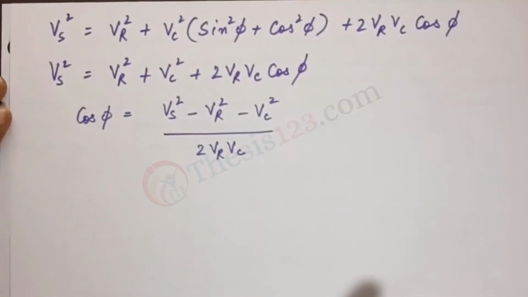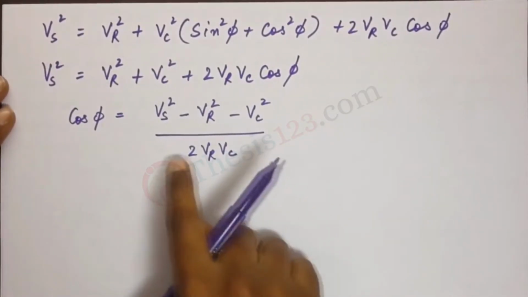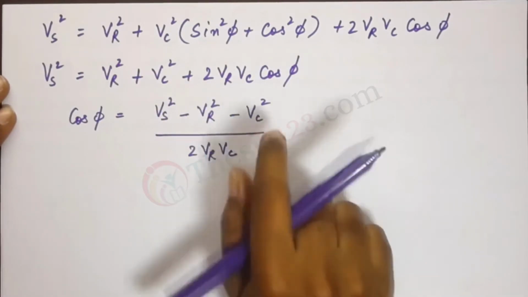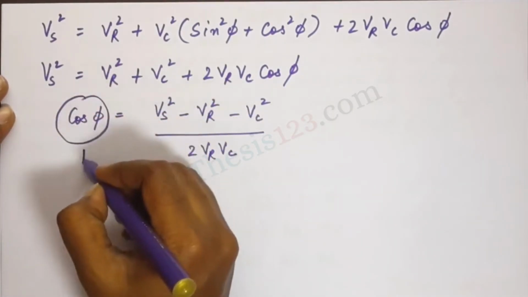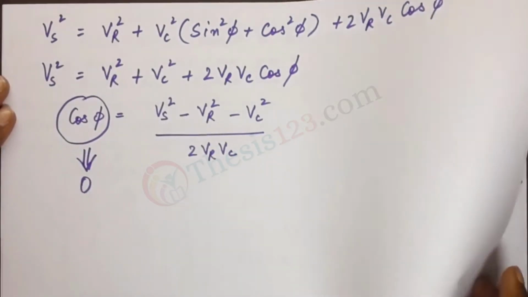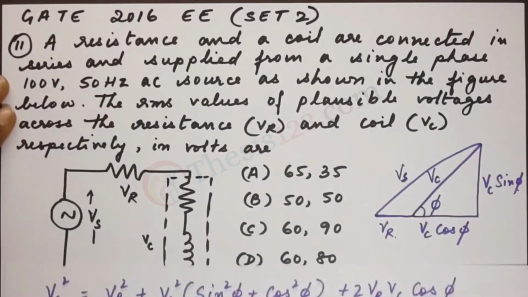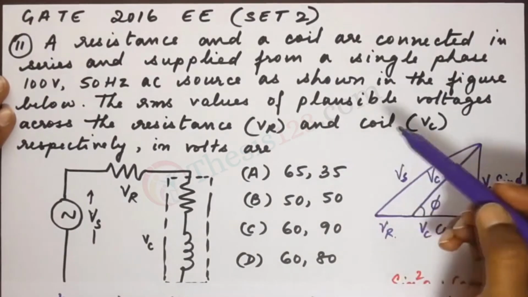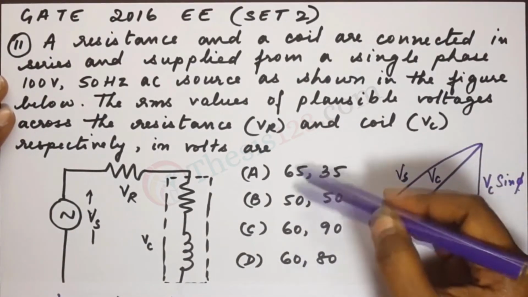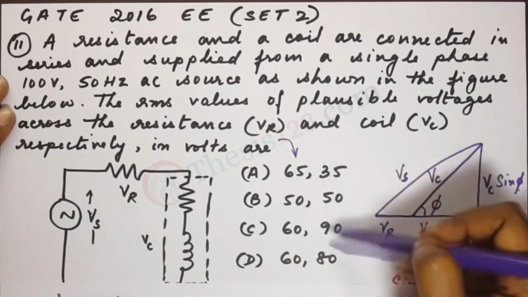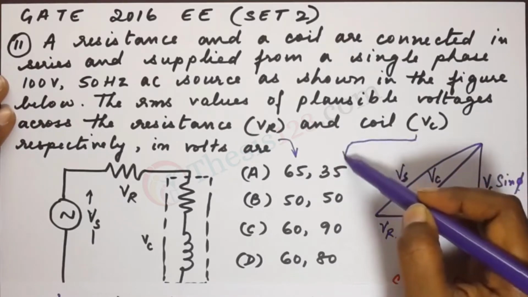So basically we are supposed to find out for what values of VR and VC we would get cos phi as 0. So we have to check for each of these values. The first set of values here corresponds to VR and the second set corresponds to VC.